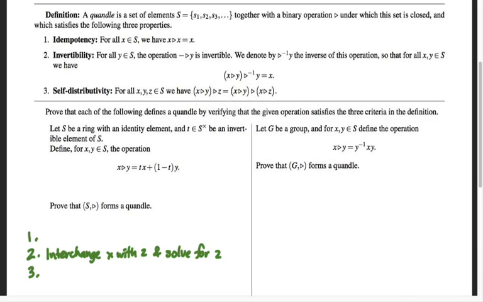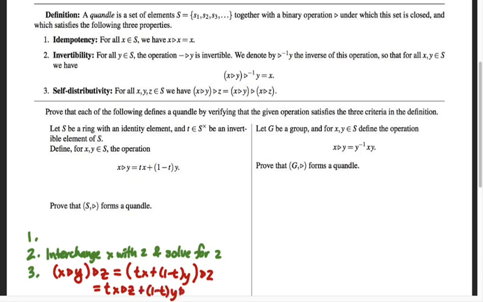So we just have to compute the left-hand side and the right-hand side and verify that those two things agree with one another. So for example, x triangle y is tx plus (1 minus t)y, triangled with z. Right? And then that becomes t(x triangle z) plus (1 minus t)(y triangle z).